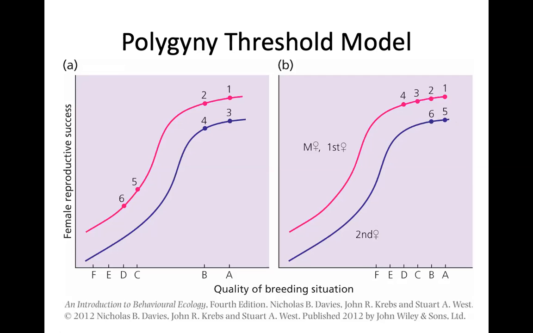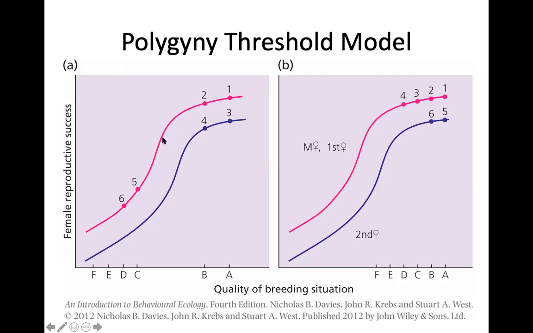You join a queue until it's no longer productive to join a queue. It's like the ideal free distribution that you have these two lines that represent fitness benefits, and you join those lines depending on what the benefit is.